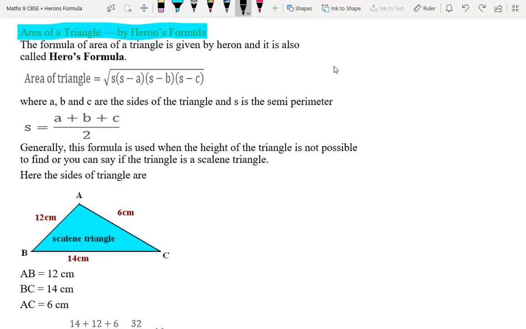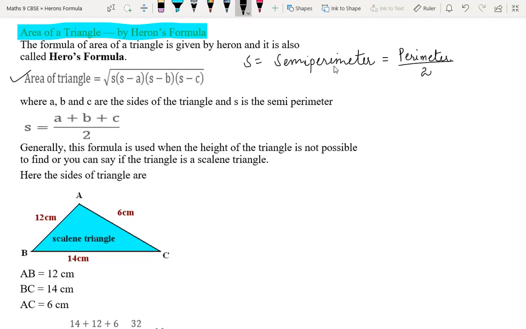So, what do you want to write? Tell me. See, first of all, you just write here, S is equal to semi-perimeter. You know perimeter, no? If you add all the sides, you will get the perimeter of the triangle. So semi-perimeter is the perimeter divided by 2.